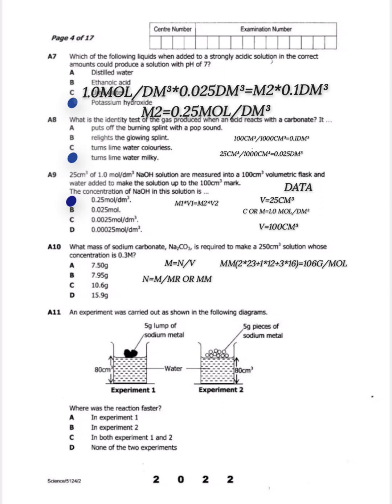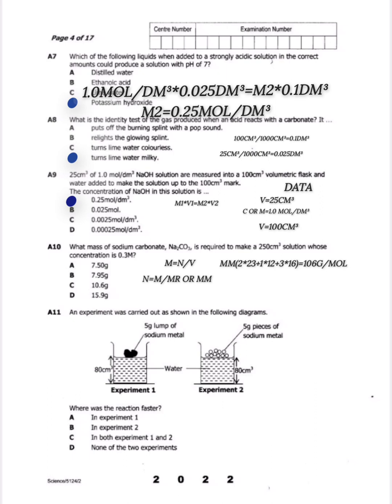So 1 multiplied by 12 plus 3 multiplied by, here we have 3 atoms of oxygen. So 3 multiplied by the mass number of oxygen, which is 16. So when we multiply here, we are going to get 106 grams per mole. That is the Mr or the molar mass.